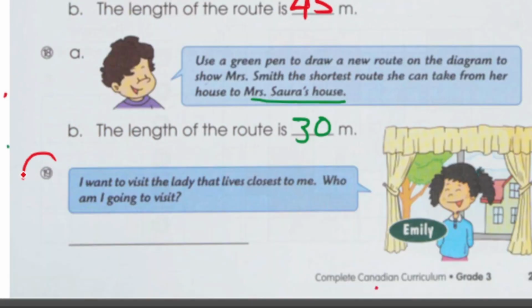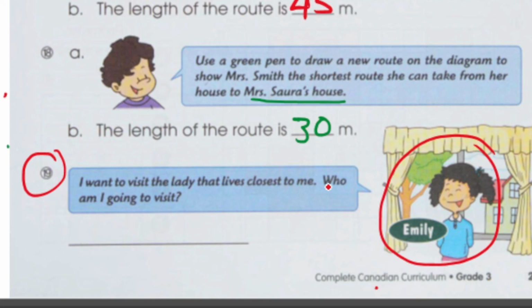Now this is the last question. They say, I want to visit the lady that lives closest to me. Who am I going to visit? And who says that? Emily. So first of all, find where is Emily.